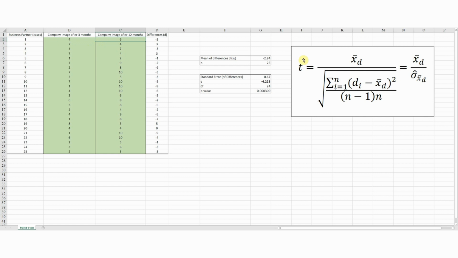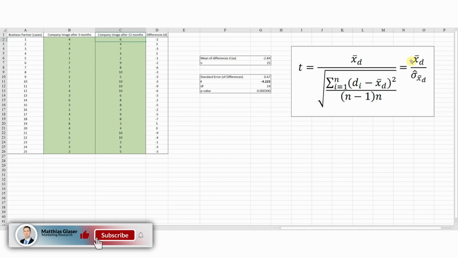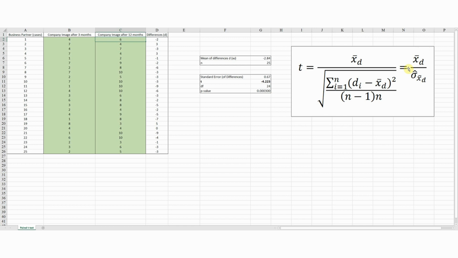What does this say? Well, to calculate the t-value, you have to calculate the mean of the differences first. And then you divide this by the standard error of the mean of the differences. This basically says that the difference you're picking up here between the measurements has to be standardized in some way, because this fluctuation, this difference, might be due to chance.